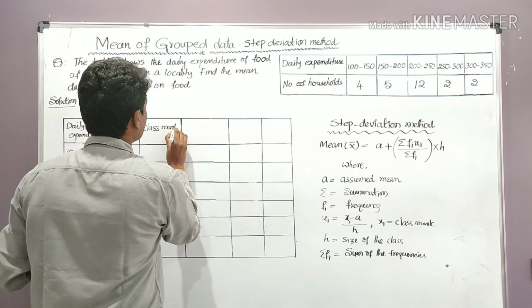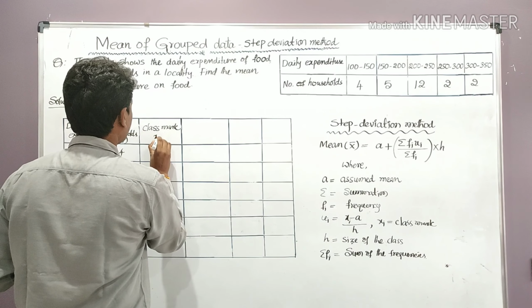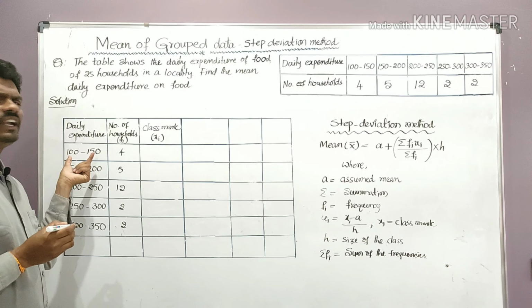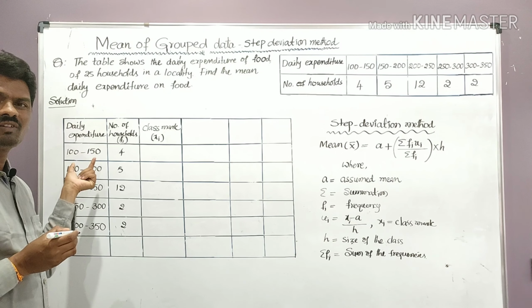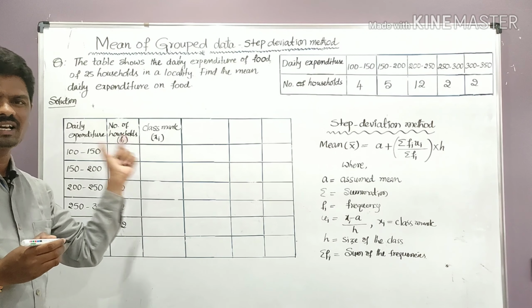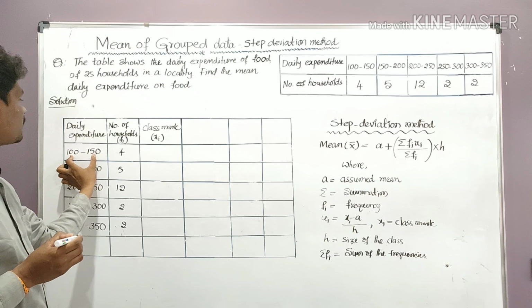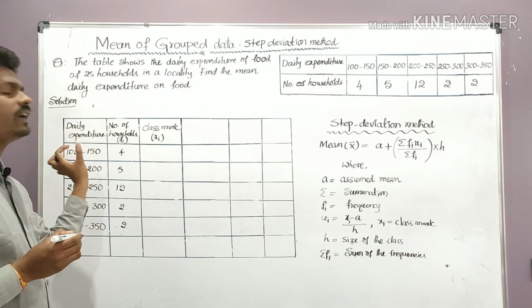The class mark is known as xi values. By finding the average of each class interval, we can get the class mark of that class interval. The first class interval is 100 to 150. We have to find the average.